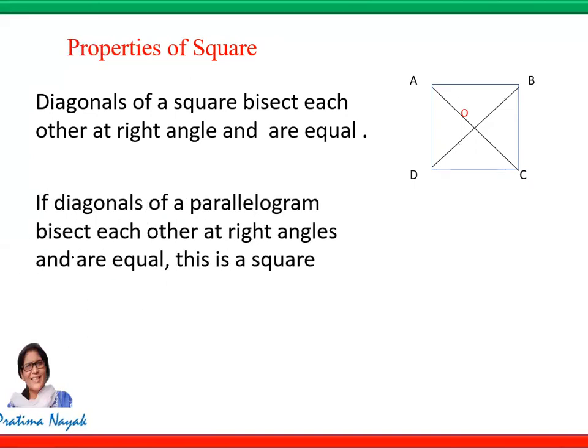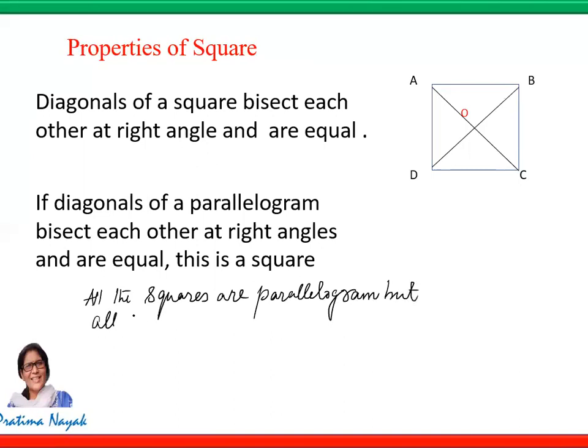So if the diagonals of a parallelogram bisect each other at right angles and are equal, it is a square. So all the squares are parallelograms, but all the parallelograms are not squares.